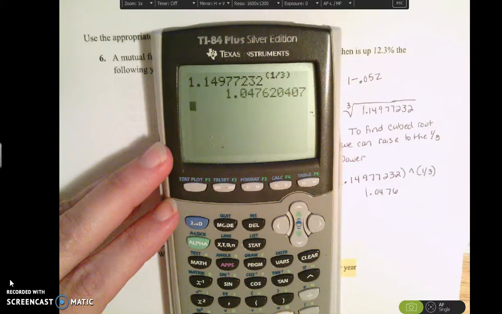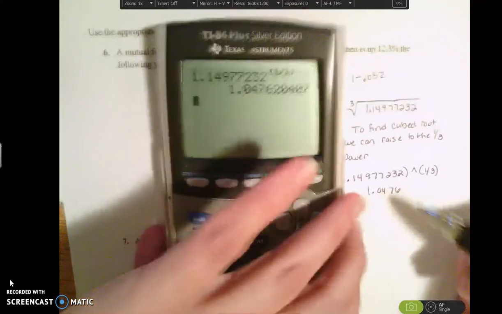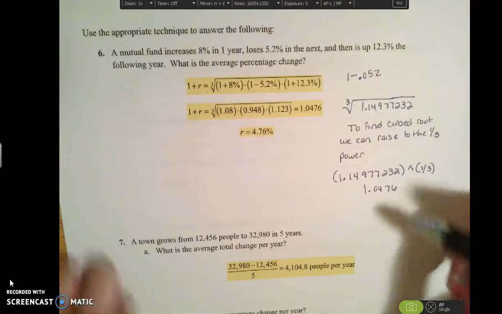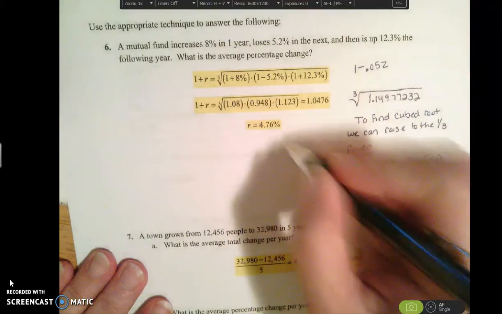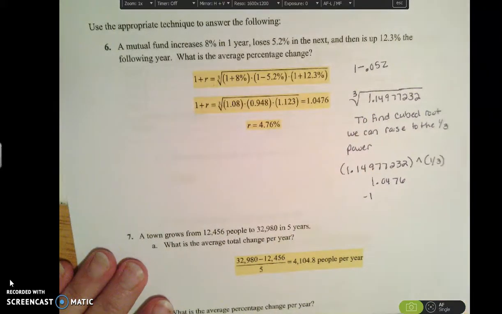And that's how I ended up with 1.0476. Then we subtract 1, just like we did earlier, and we end up with 4.76%.